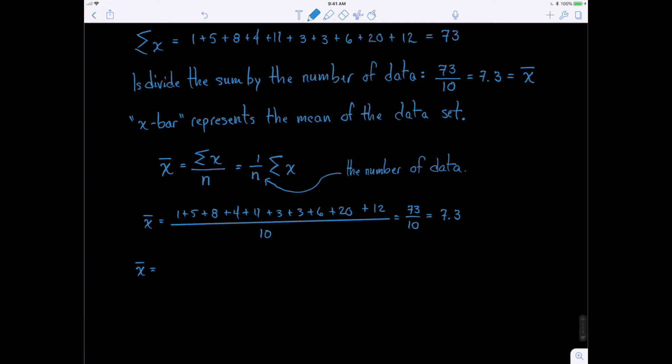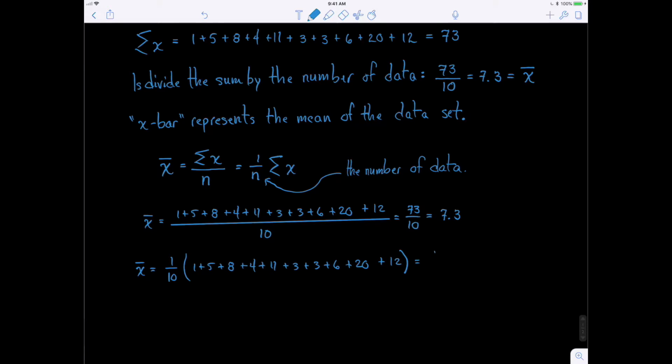So I would write this as 1/10 times, and then we'd write all of this out again. And so we would just take all of that, and we'd put it just like that into our formula.